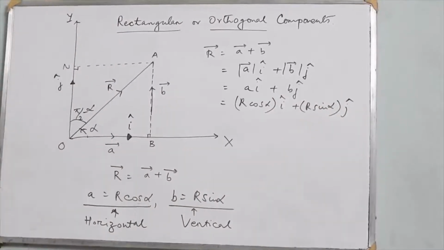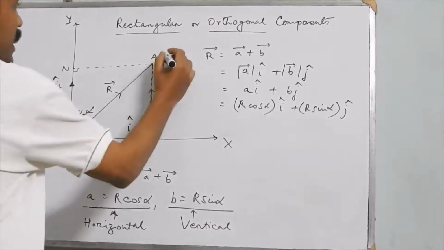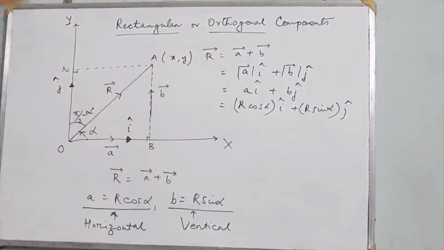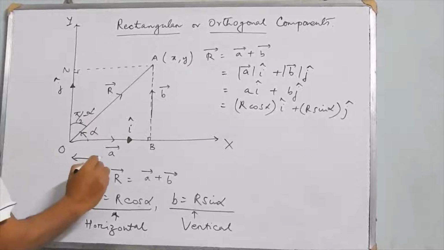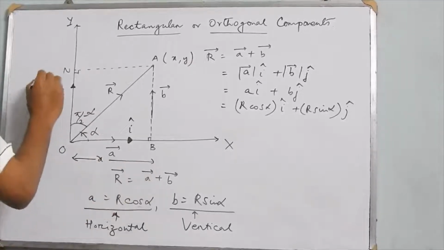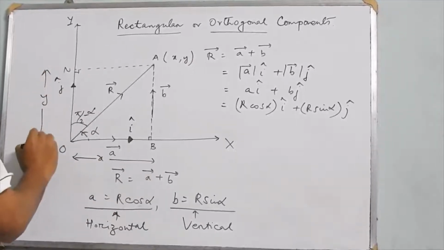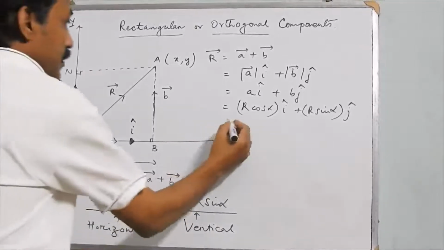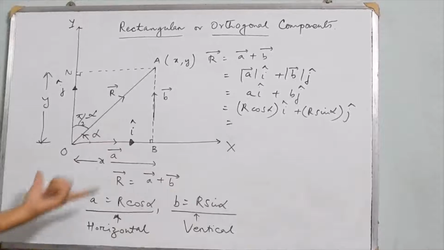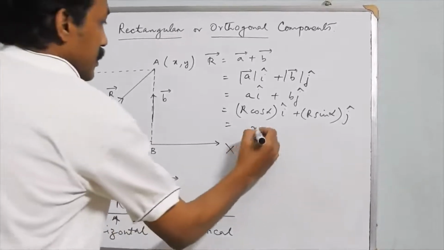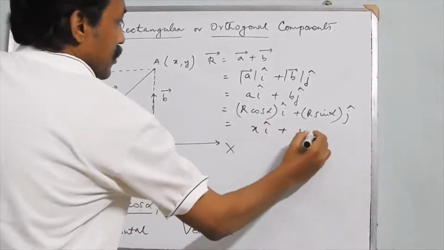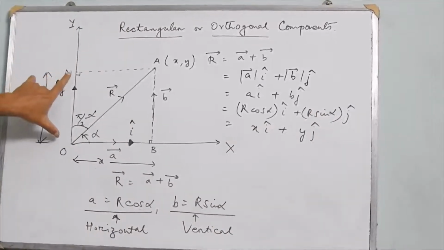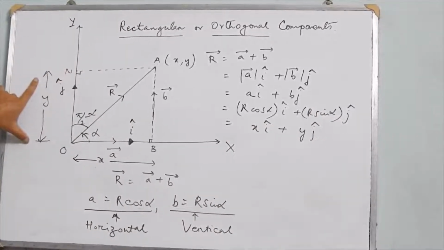Now if the coordinates of the point A are x and y respectively, then obviously this is x and this is your y. So instead of r cos alpha, we can write x. So this is x I hat plus y j hat. Instead of r sin alpha, you can write y, because this is your r sin alpha and this is y indeed.